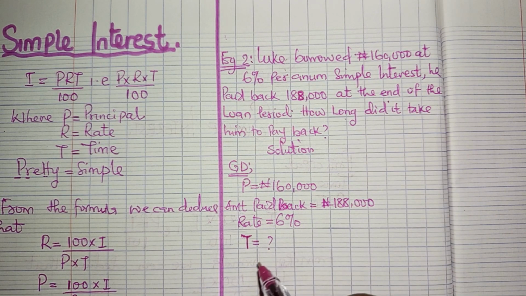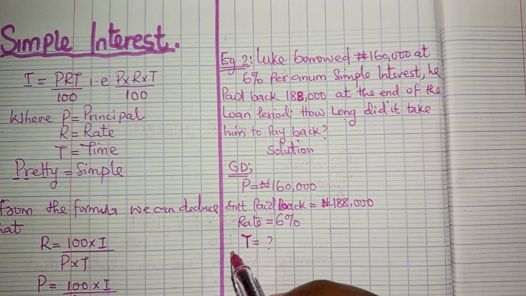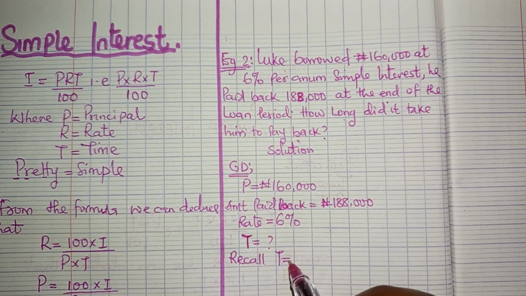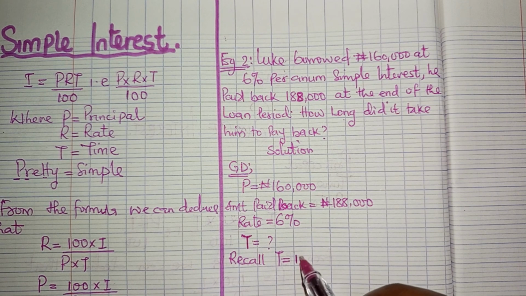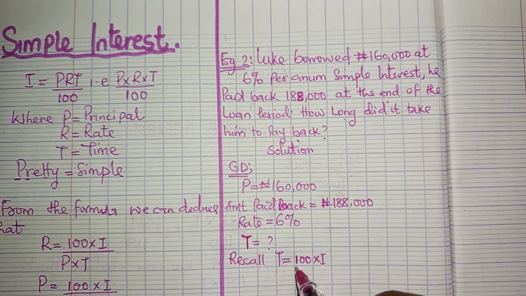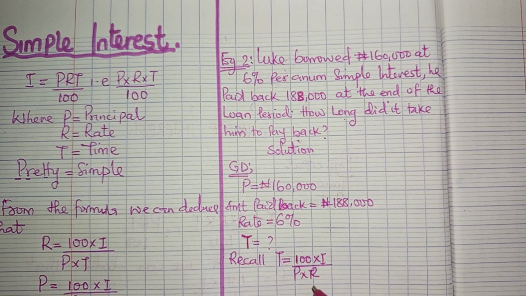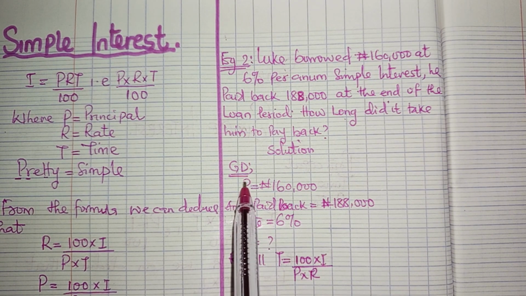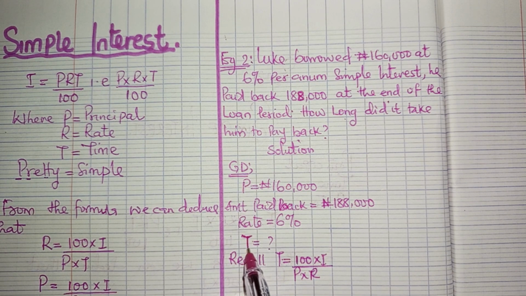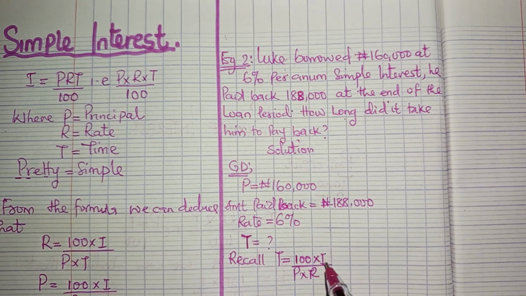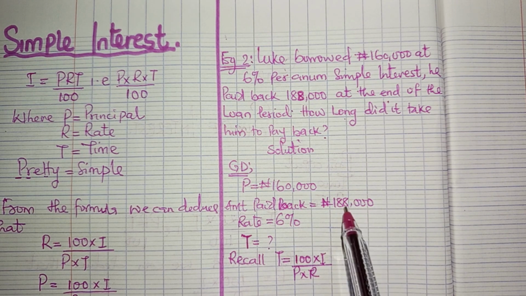Then recall that T is equal to 100 multiplied by interest all over principal multiplied by rate. We have our principal, we have our rate, we are looking for time. How do we get the interest? To get the interest, we subtract the principal from the amount that has been paid back.